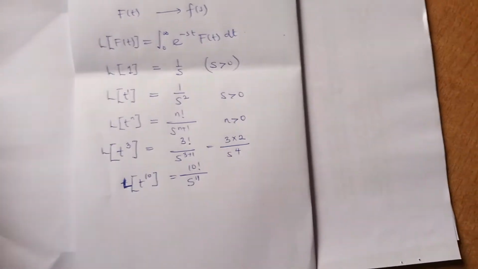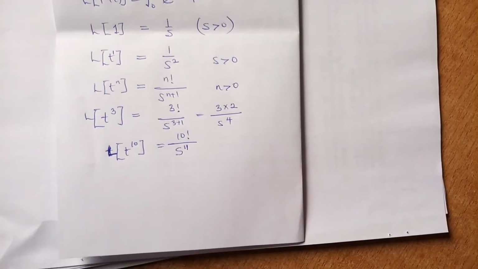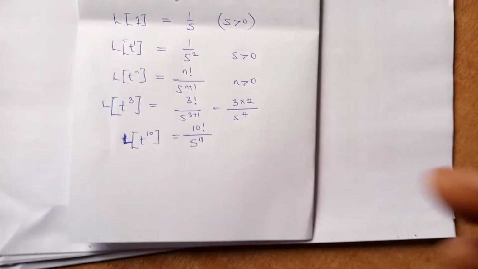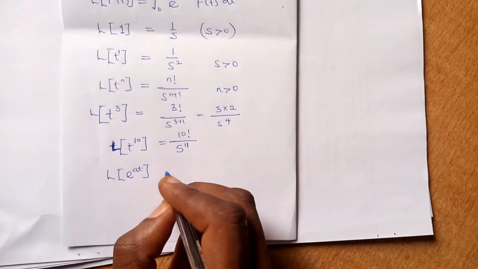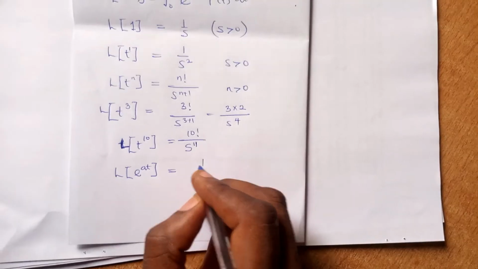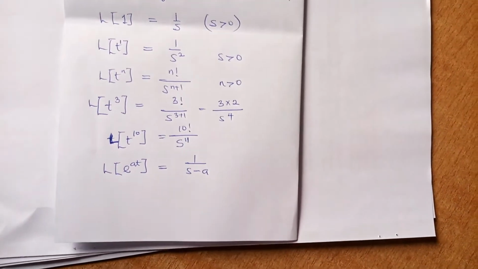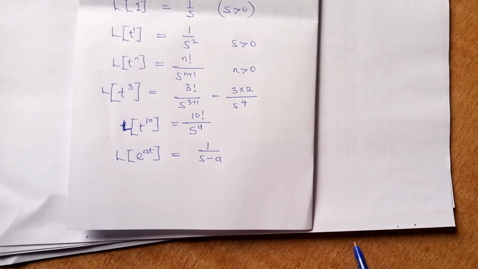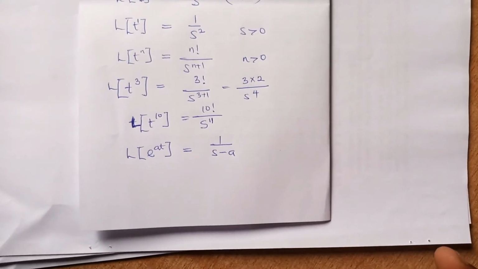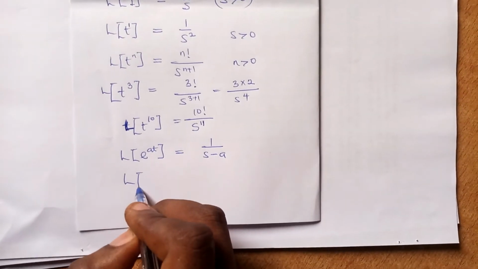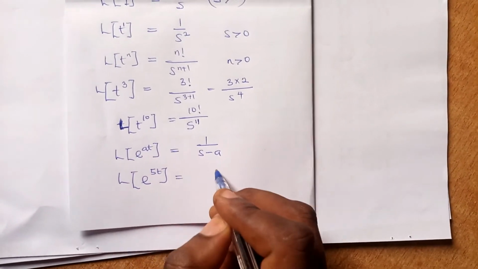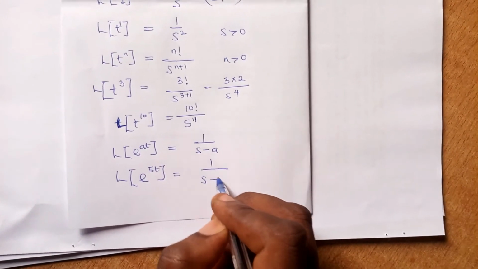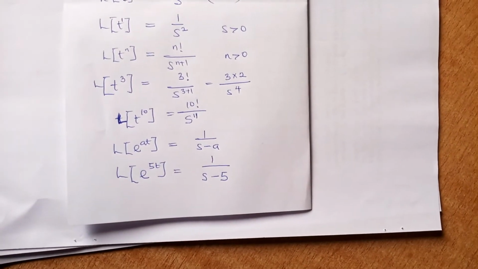And that's not all. Last class, we also considered the Laplace transform of exponential. Do you remember that I said Laplace transform of exponential at is equal to 1 over s minus a? So from this, it's very simple now. We can say the Laplace transform of exponential 5t is equal to 1 over s minus 5.